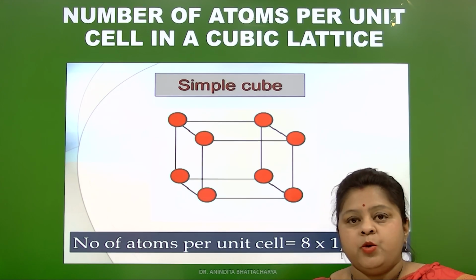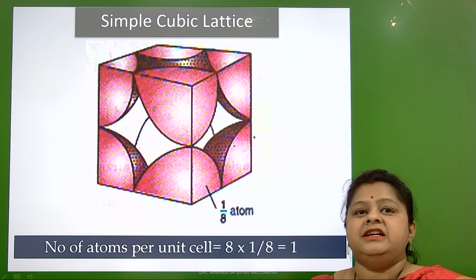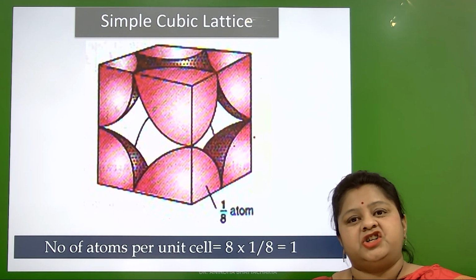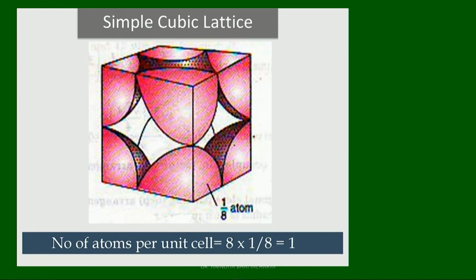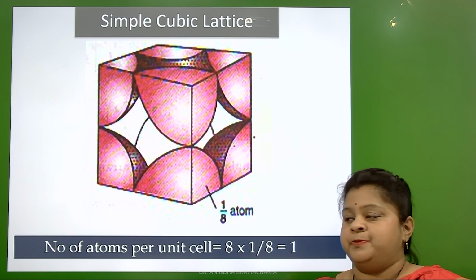And how can you show this? It is like this. See how the sectional cuts are there. The figure shows the sectional cuts. So we have 1/8 of 8 atoms, which makes it only 1 atom per unit cell.